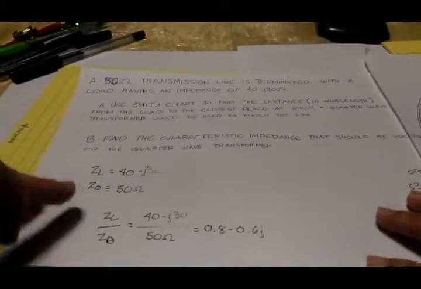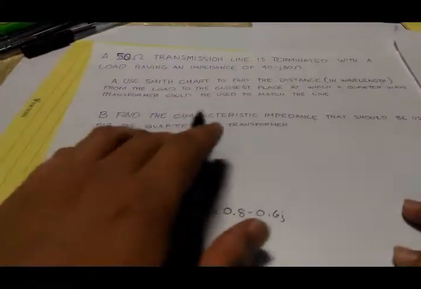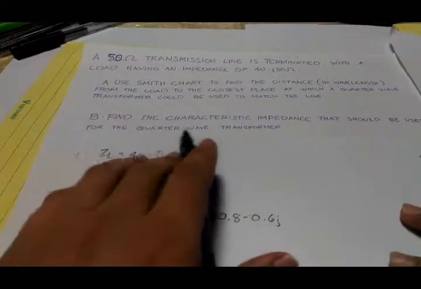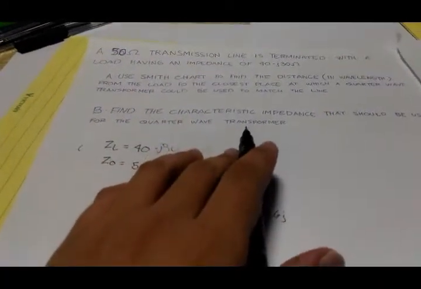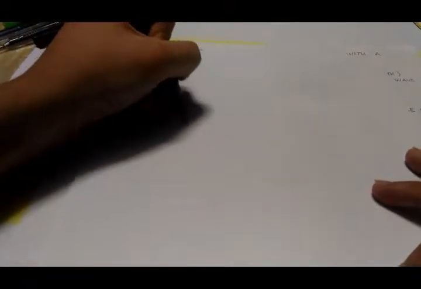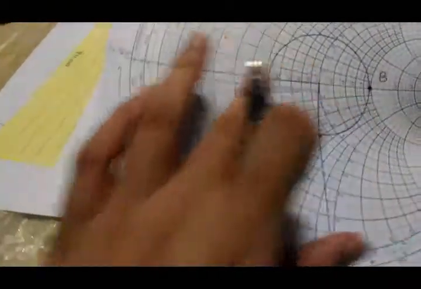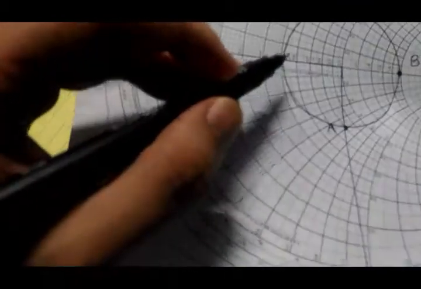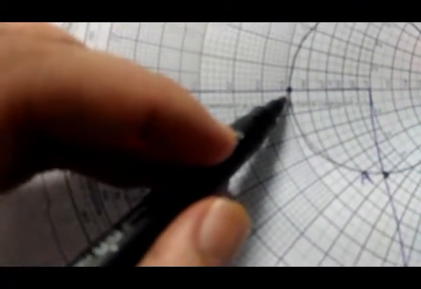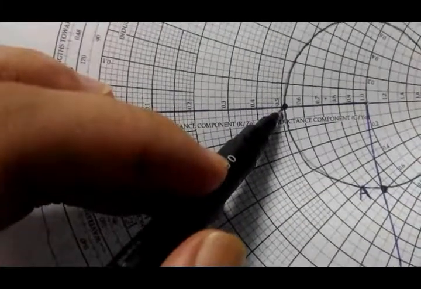Now here, part B: find the characteristic impedance that should be used for the quarter wave transformer. Now the formula for that is Zin, and the part where the SWR circle is near our Zin is approximately 0.52, as you can see here.